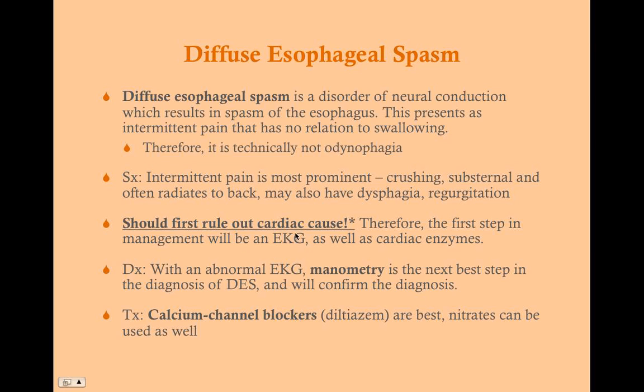So always work up your cardiac causes before you go on to work up your GI causes. But the history is going to help you. A lot of times with diffuse esophageal spasms, what you're going to get is a younger patient or a middle-aged patient who takes a drink of cold water and then all of a sudden they get this pain. That is not something that you would think of in an MI. So look at the history.